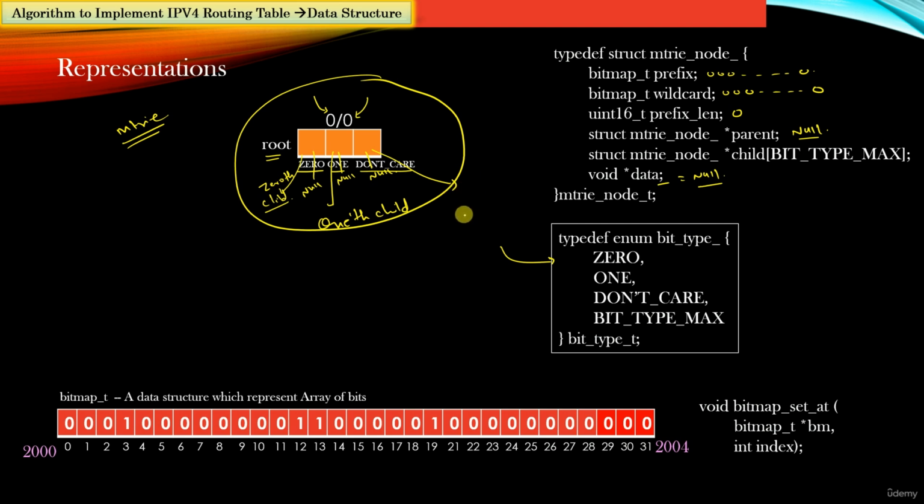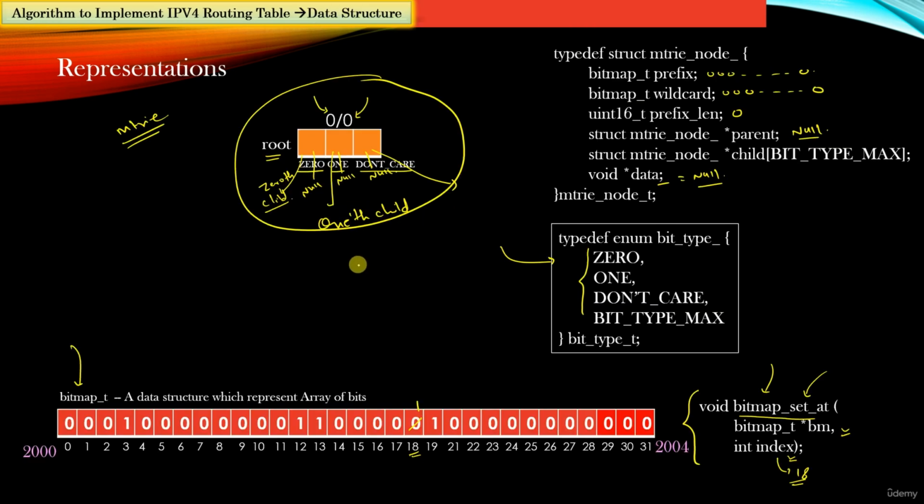So each node in the mtry can have a maximum of 3 children. And as I said, you need to visualize bitmap as an array of bits and nothing else. On this array you can perform operations like you would on normal arrays. For example, we can implement a function bitmap set at, passing the pointer to the bitmap and the index. So if you pass the index number as 18, then this function must set the bit at index 18 to 1.